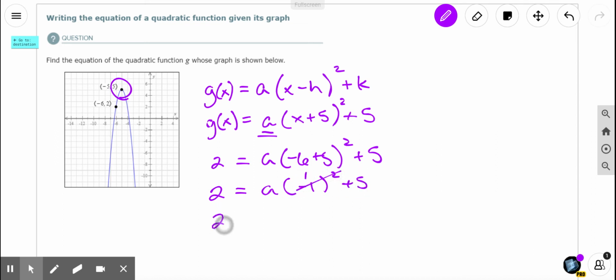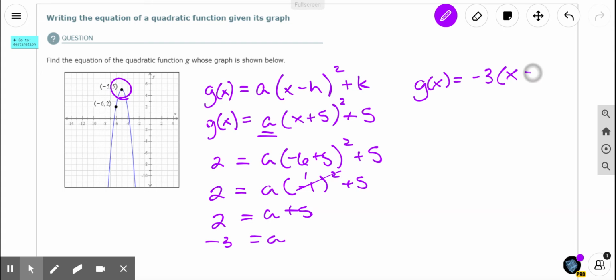So we're just going to get 2 equals a plus 5. Subtract 5 from both sides, and you're going to get -3 equals a. And that's it. You come over here, g of x equals a, which is -3, times (x plus 5) squared plus 5.